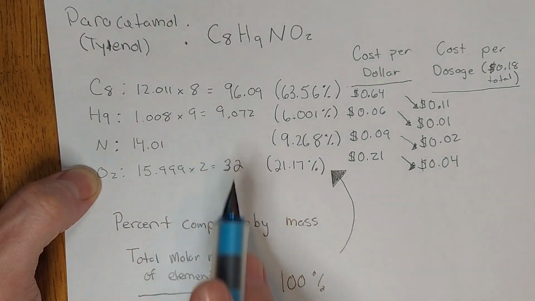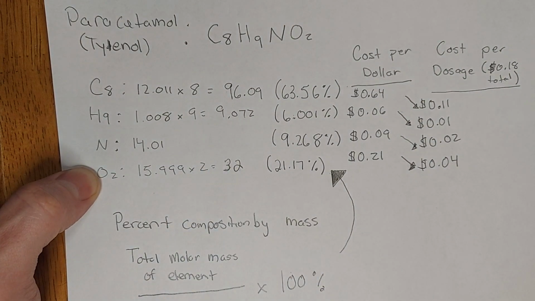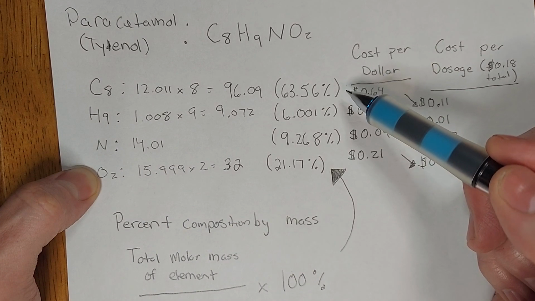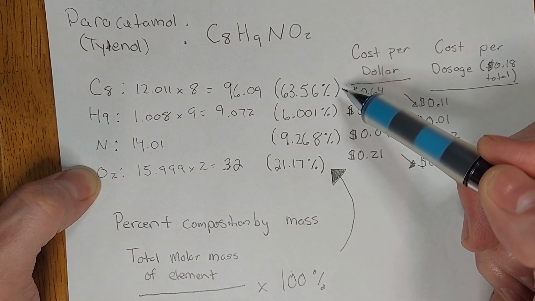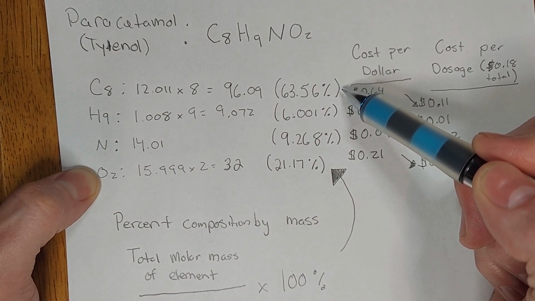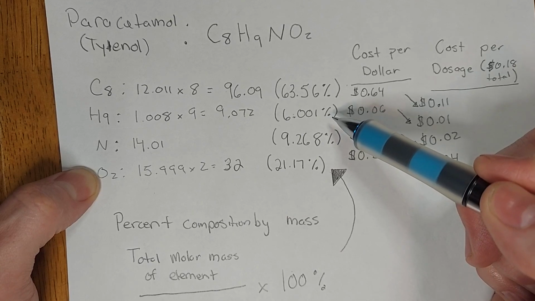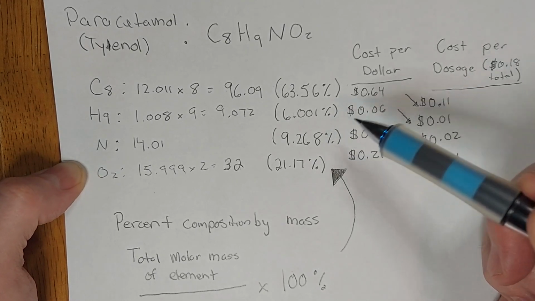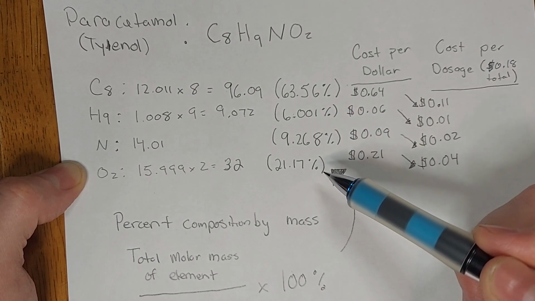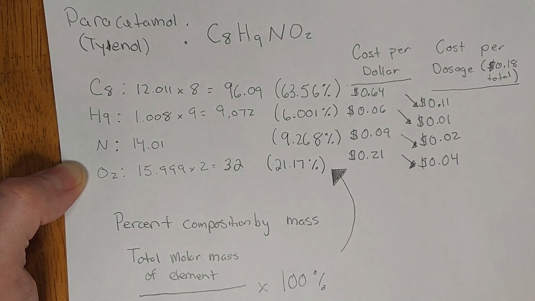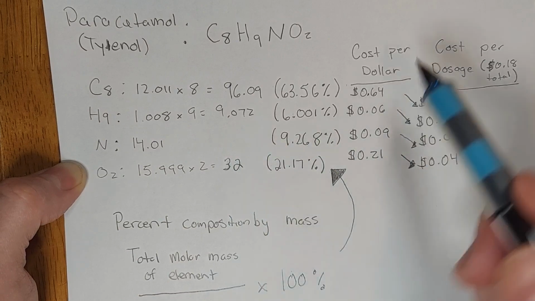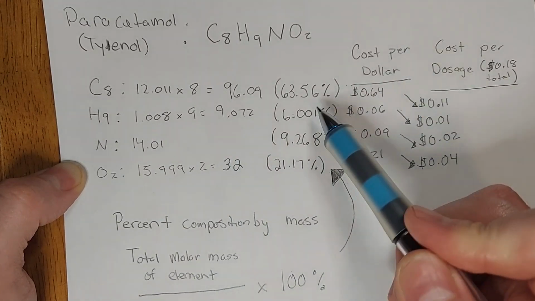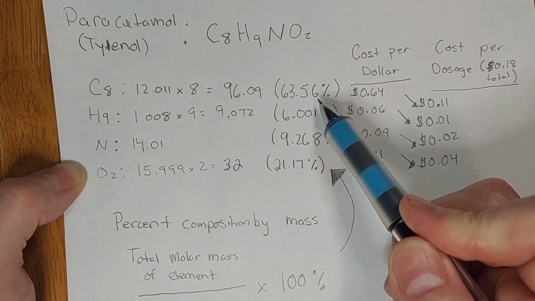And when we plug each of these numbers into the equation here, it gives us a percentage of each molecule, with carbon at 63.56, hydrogen at 8.001, nitrogen at 9.268, and oxygen at 21.17%. And we use this based off $1 and a simple conversion here from the percentage.